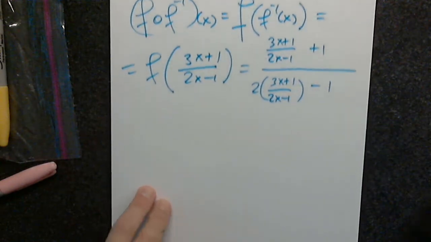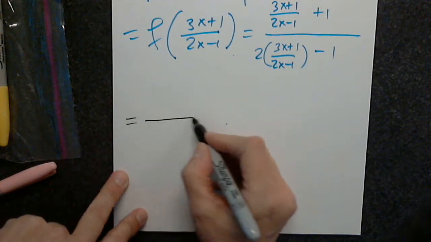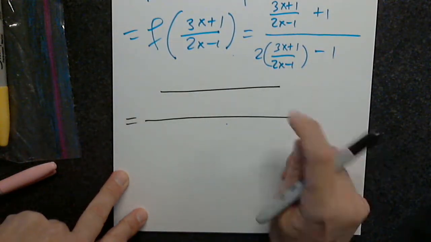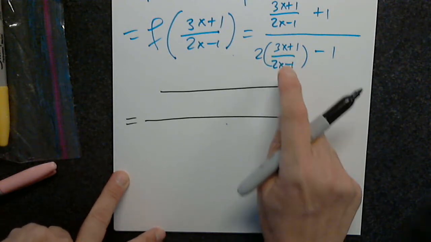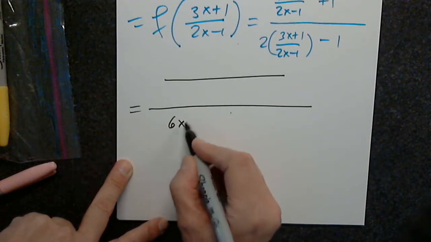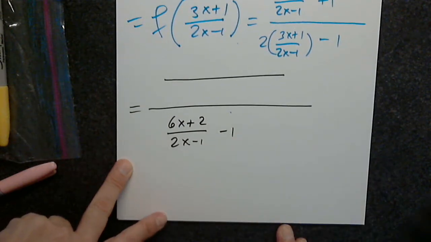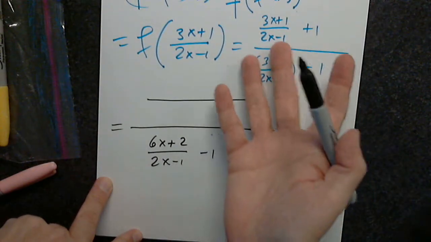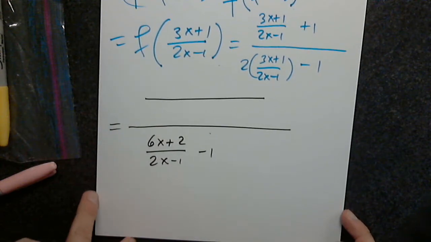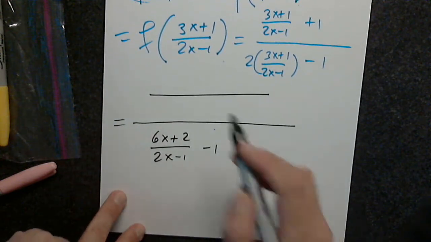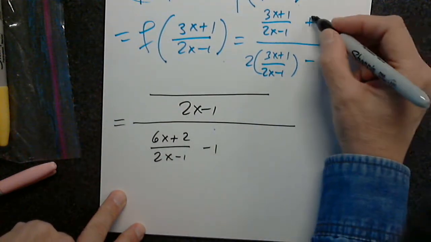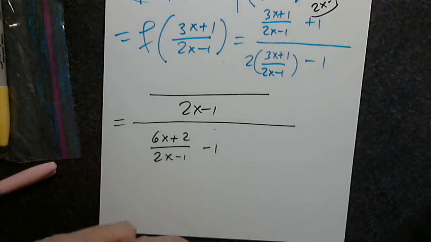Okay, perfect. So for the top, I have to find the LCD. Here I will distribute first: 6x plus 2 over 2x minus 1 minus 1, and later on I find the least common denominator. What is the least common denominator in the numerator? Right, 2x minus 1. Remember, this one needs an adjustment.